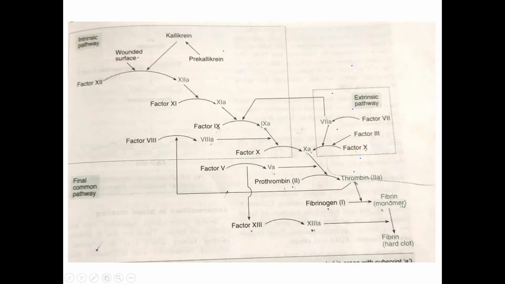Then this 5th A also activates the 13th factor to form 13A. This 13A, which is known as fibrin stabilizing factor, acts on this fibrin monomer, which is in liquid form, to form a hard fibrin.